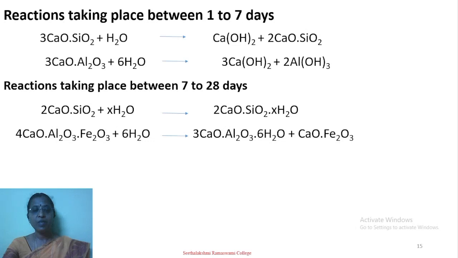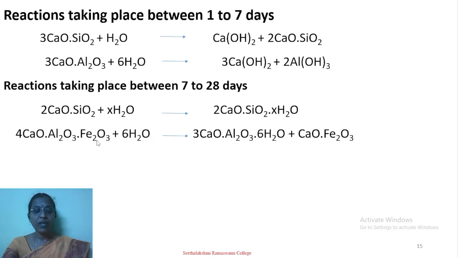Reactions taking place between 7 to 28 days. This reaction is the hydration reaction. The dicalcium silicate absorbs water to produce a hydrated colloidal gel of dicalcium silicate. The previously formed calcium hydroxide gets studded into dicalcium silicate.